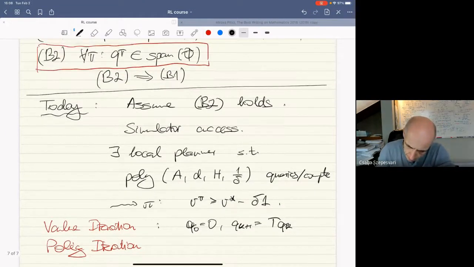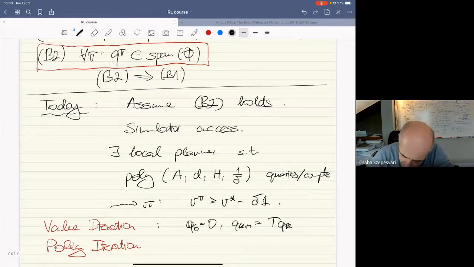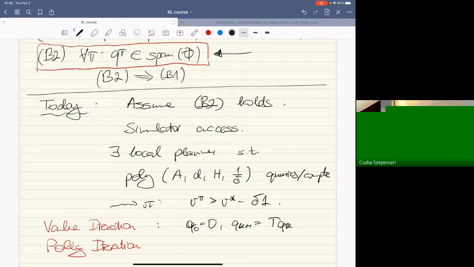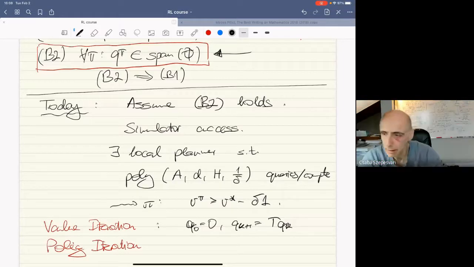This is a good fit to this assumption that the action value functions of the policies can be represented in a compressed fashion with a few basis functions. So Wesley is nodding. No. What do people think?